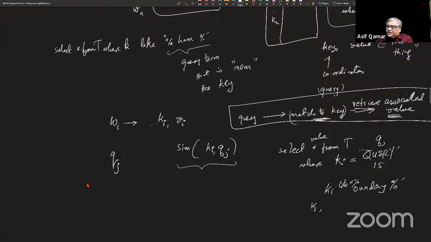Let me give it a term, qj, some query value that you gave. So the best you can do, when you are searching or retrieving the data, is look at the similarity between them, how similar they are. This is the equivalent of your like.